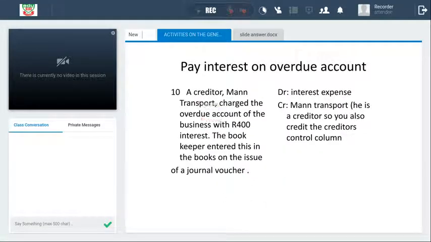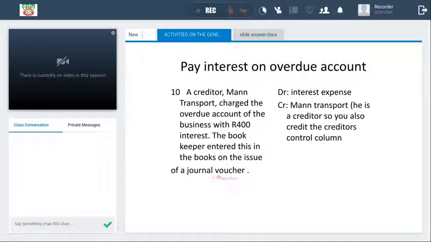Next, a creditor, Man Transport, charged an overdue account of business with 400 interest. The bookkeeper entered this in the books on the issue of the journal voucher.